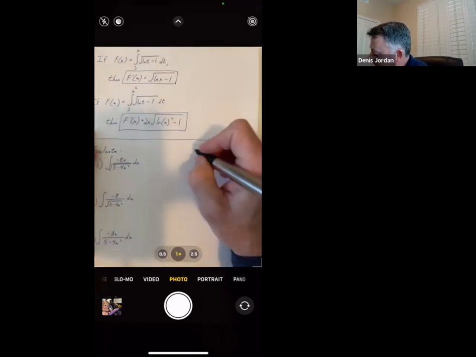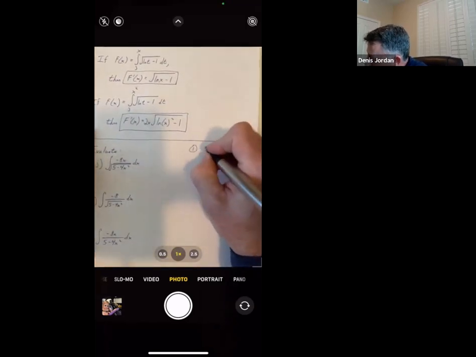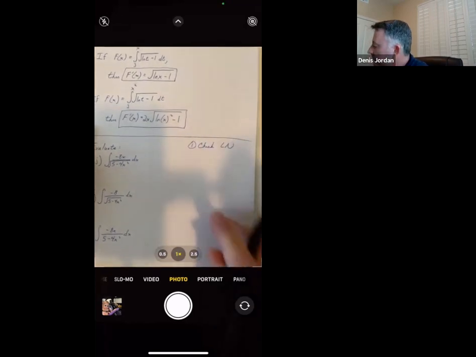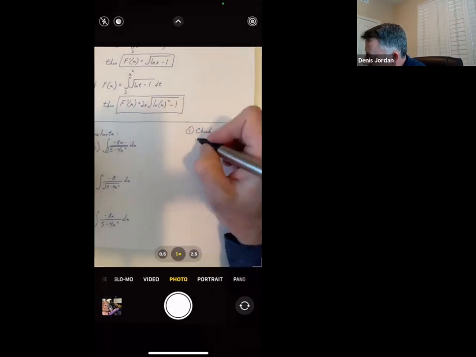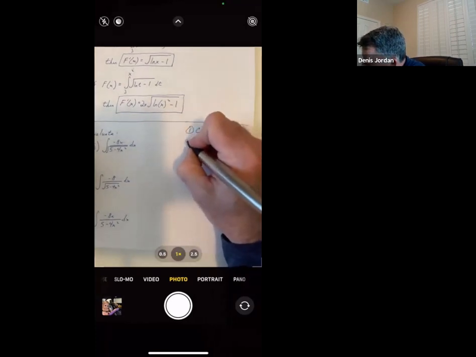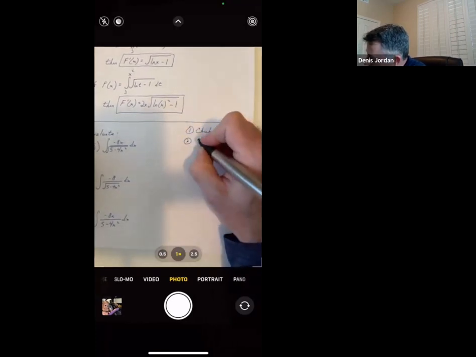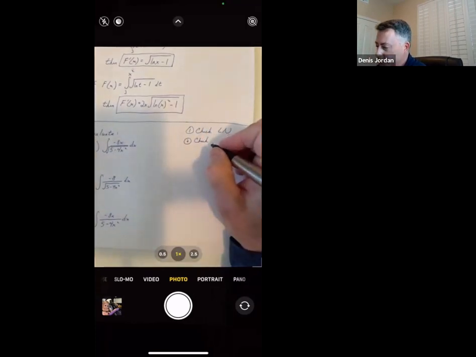So if you're asking what to do first, I would check the ln and see if that works. If not, it's kind of a toss up what you check next.